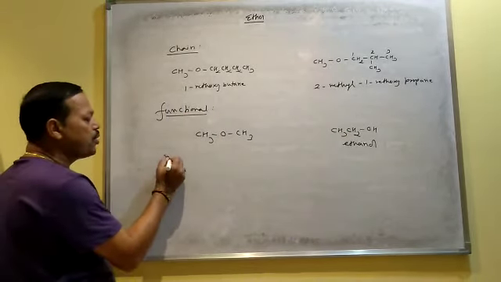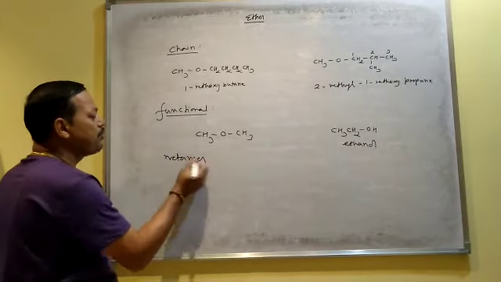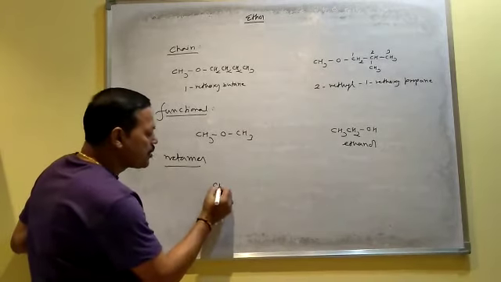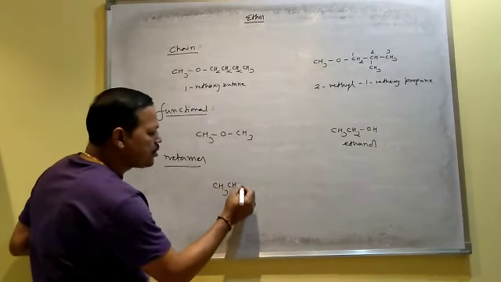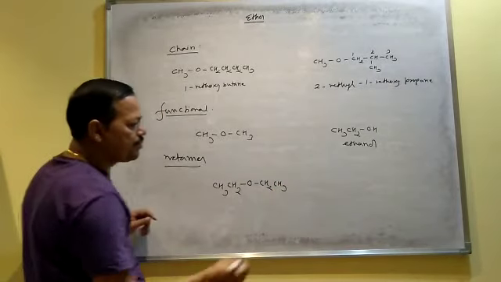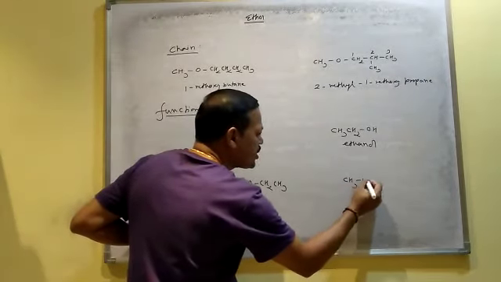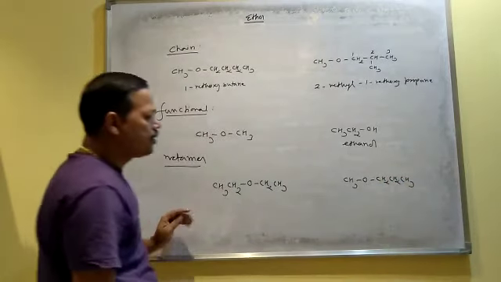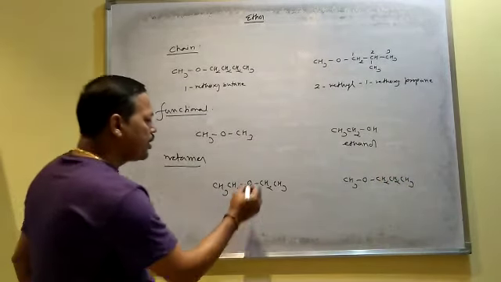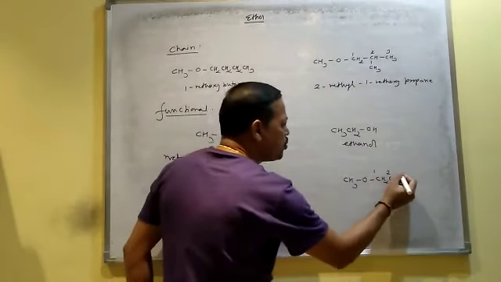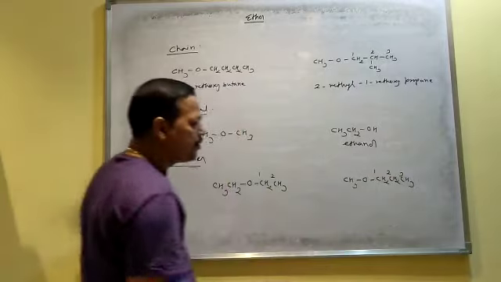And it can show one specific isomer which is called metamer. Metamer means, suppose this is one compound, ethoxyethane, and this is one compound, 1-methoxypropane. Same formula, here 1, 2, 1-ethoxyethane, here 1, 2, 3, 1-methoxypropane.